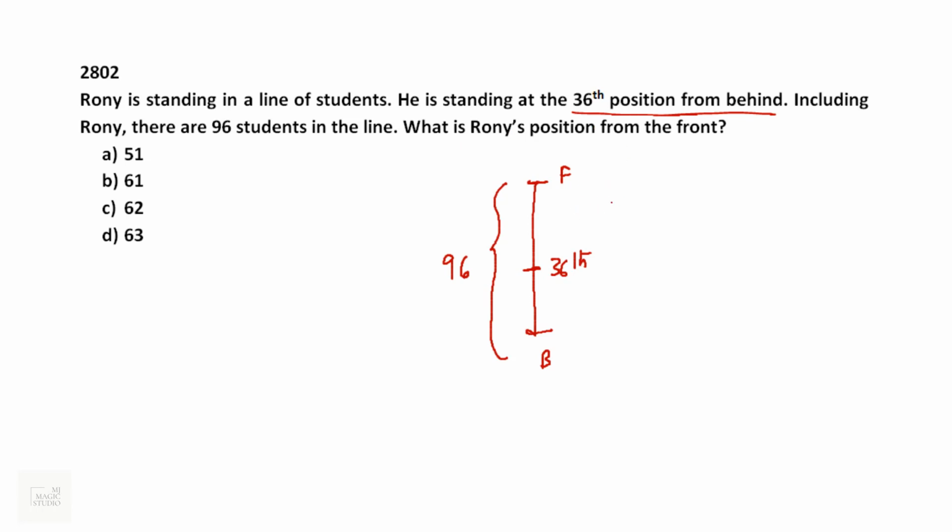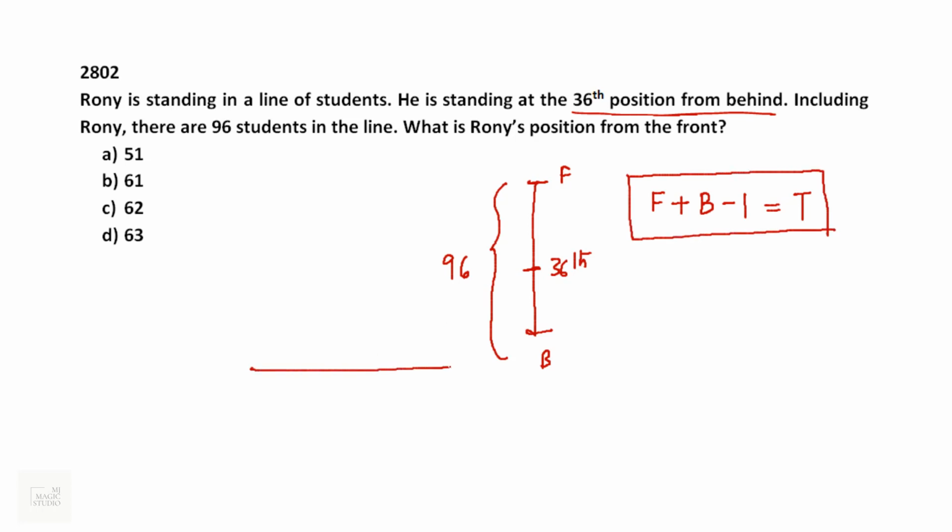Now we have the simple drill for these kinds of questions, known as the ranking test. Position from the front plus position from behind minus 1 equals total number of people in the line. If they are standing facing north, then we say position from the left plus position from the right minus 1 equals total number of people in the line, if we are looking out for this person's positions.